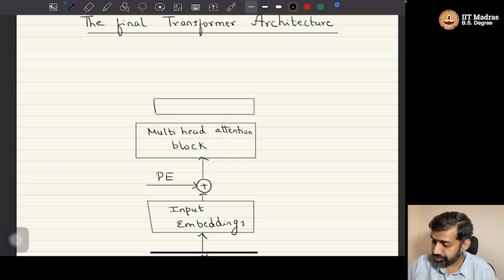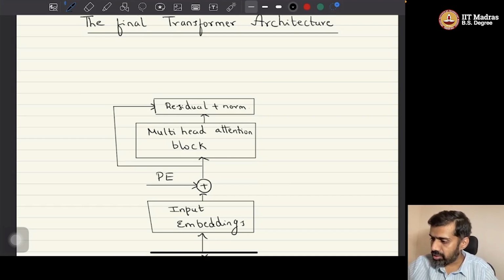This is residual plus normalization, the layer normalization. We just take the output of the multi-head attention and then we take the input before the attention and we give it as an input to the addition and the residual block. Okay, so this and this.